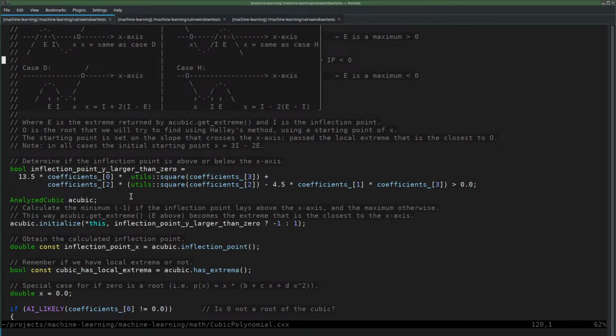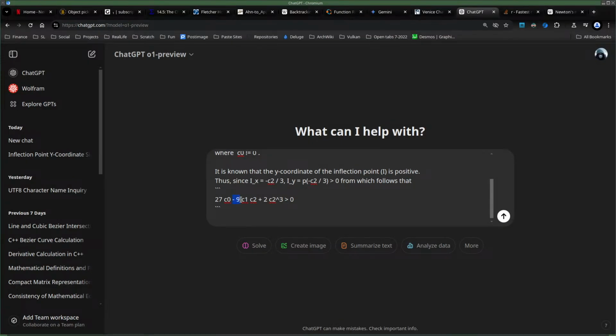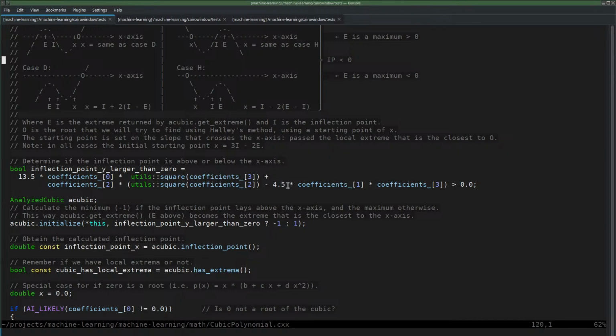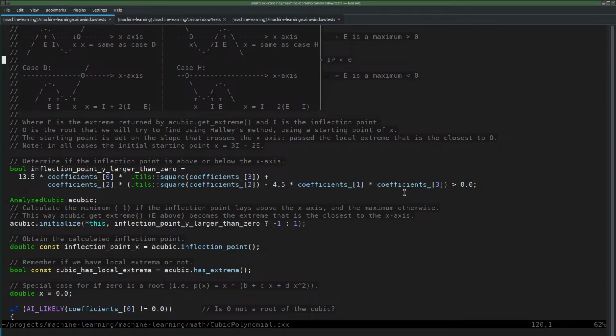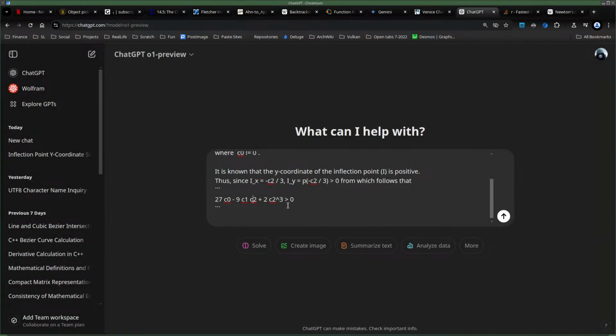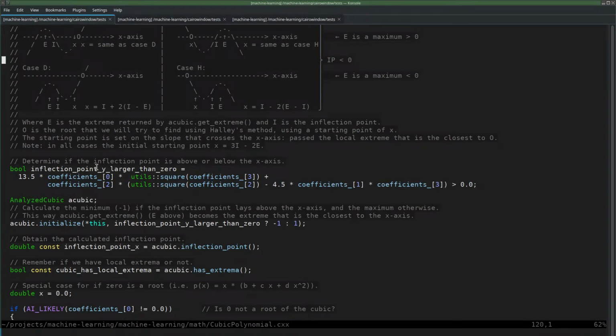So the 2 drops away. Just C2 squared. And then minus 9 times C1, but all again divided by 2. So minus 4.5 times C1 times coefficient 3, which is 1. So that 1 disappeared here. So this is the same as that. So now we can say that this is indeed true, because that is said to be larger than 0.